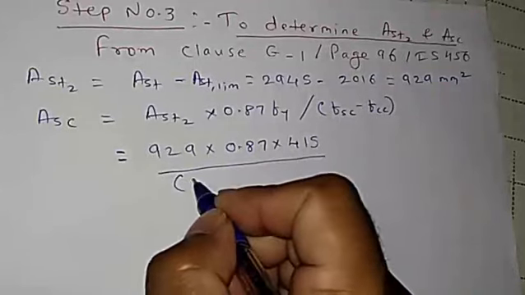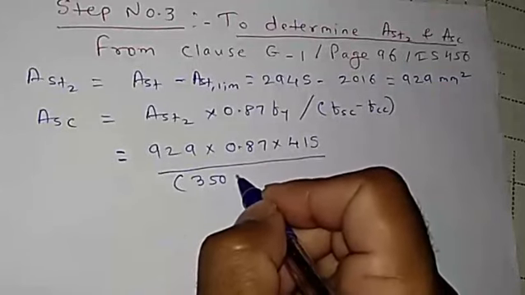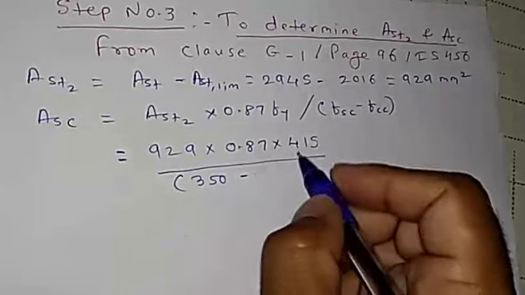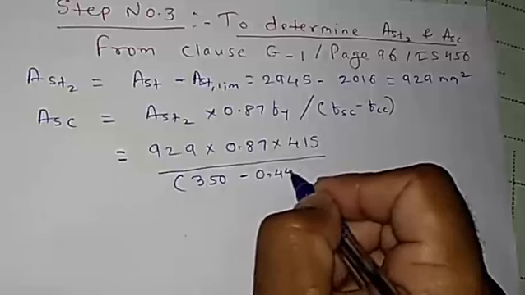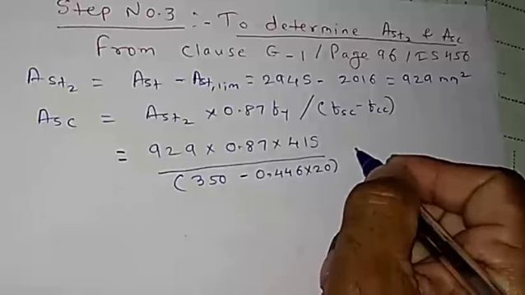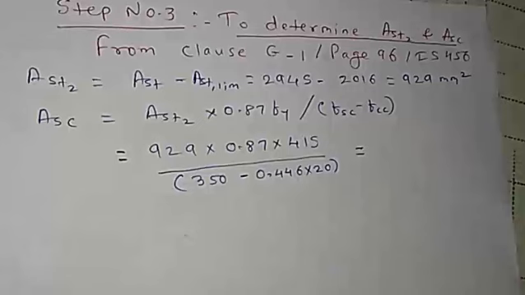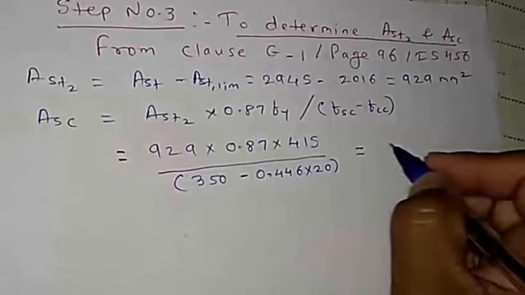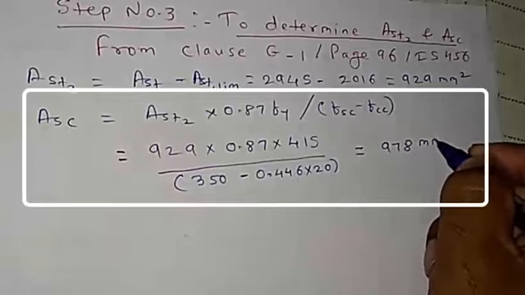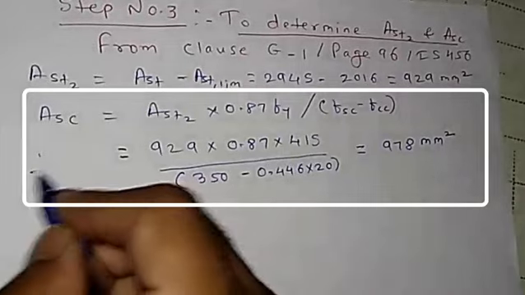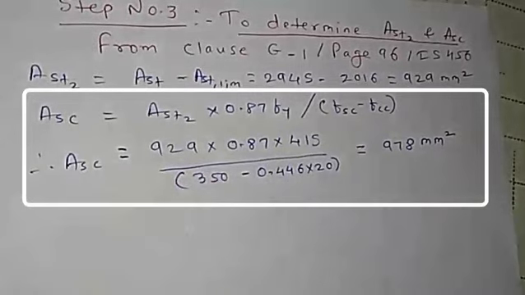As I already told you, you can just consider around 350 minus fcc, that is 0.446 into 20, which we have seen in earlier cases. Now if you calculate this, you will get around 978 mm square. That's your area of compression reinforcement.